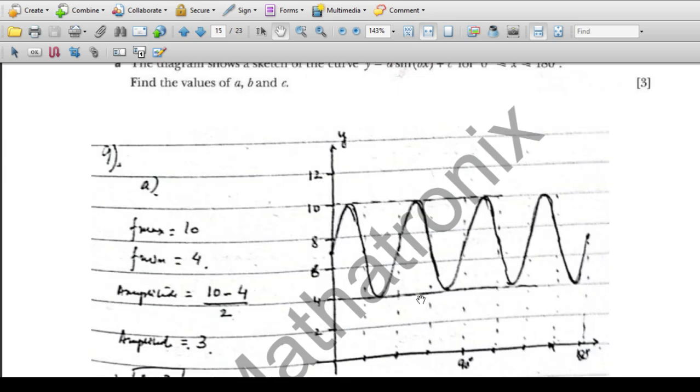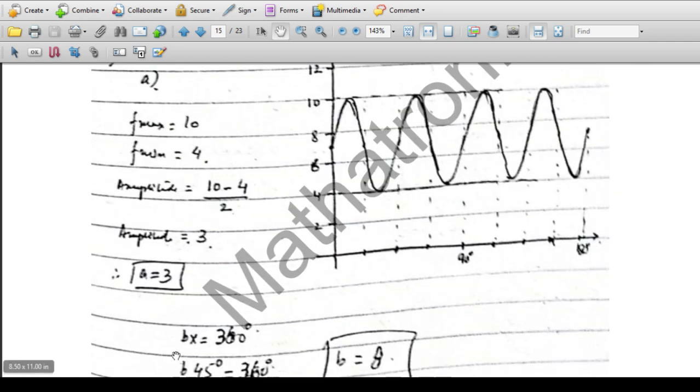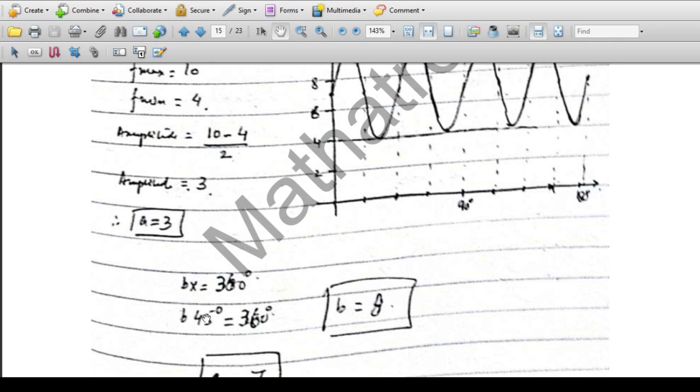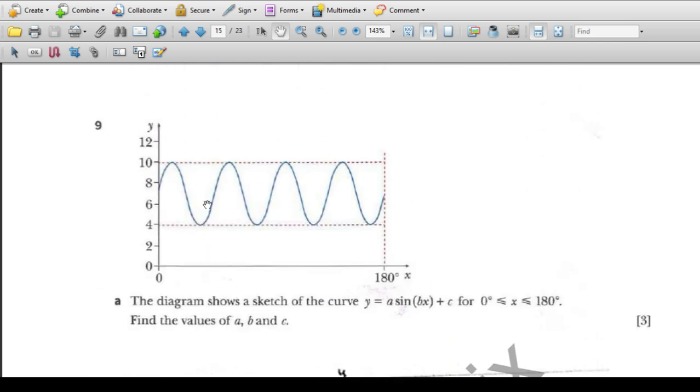And now b, we can see the bx. This should equal 360 degrees. So bx is equal to 360 degrees. Completed within how many periods?